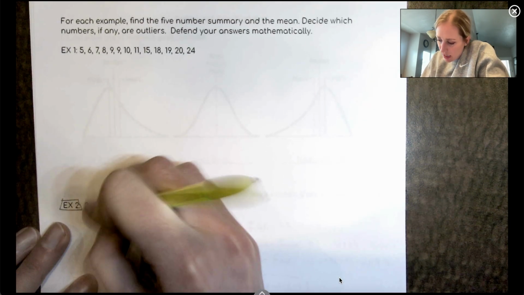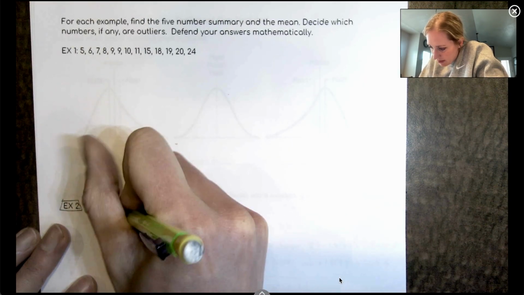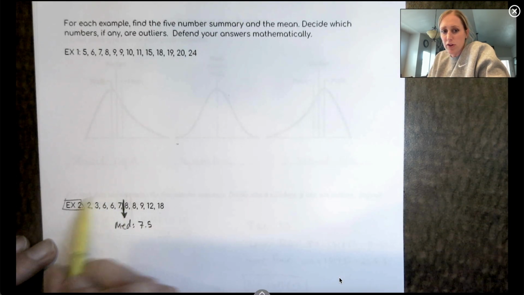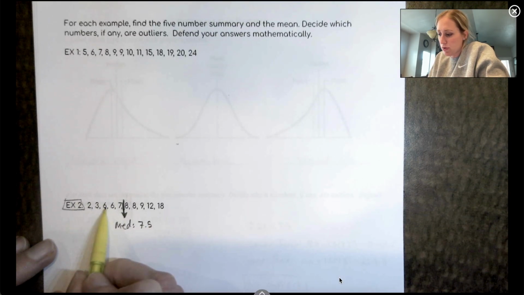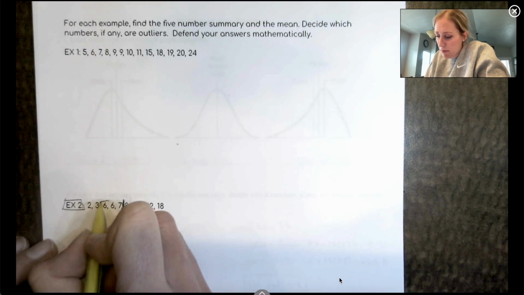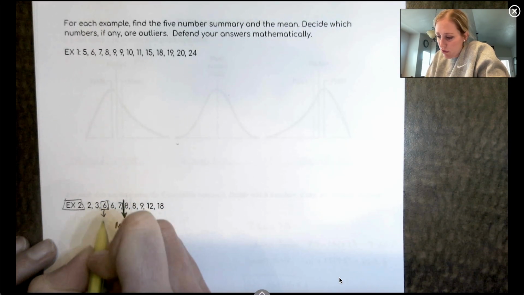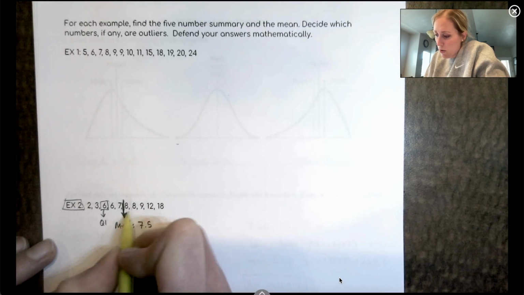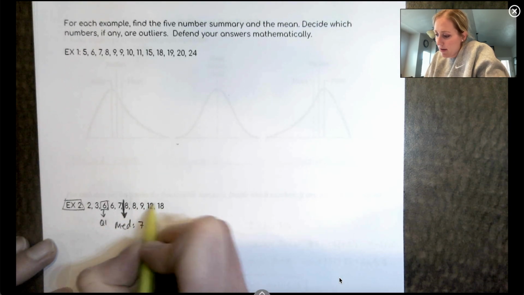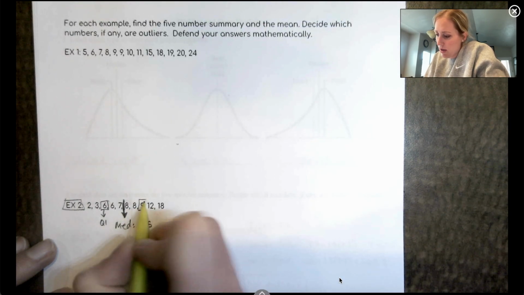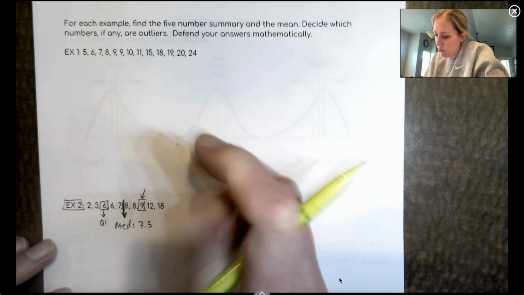So the median is right here, right? The median is 7.5. So Q1 is the middle of the lower half. So here's 1, 2, 3, 4, 5. So that would be the middle of the lower half. So that is Q1. So again, the middle of the upper half, that's Q3.